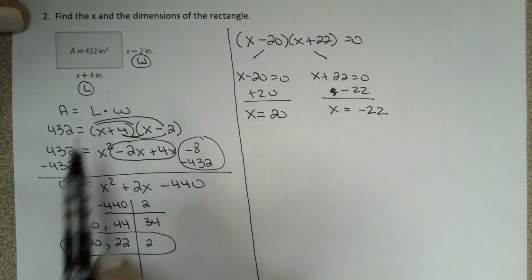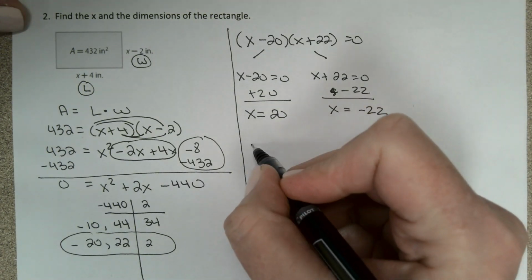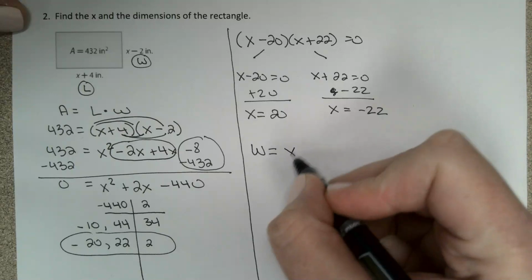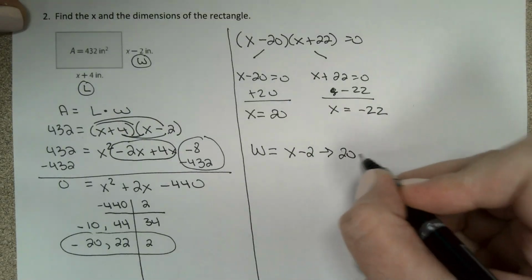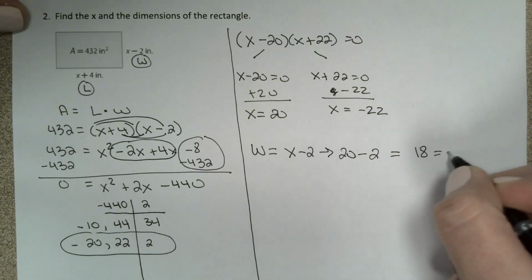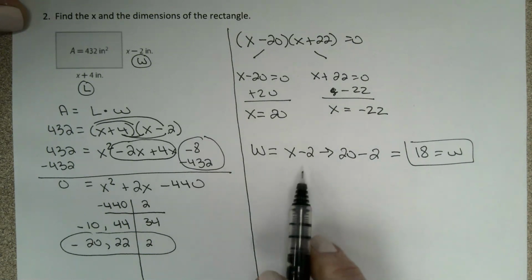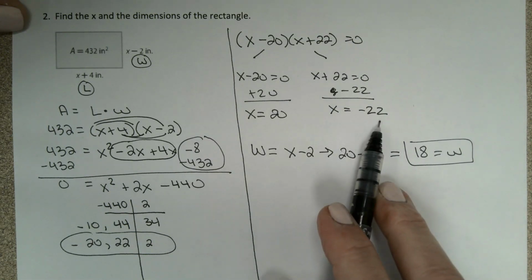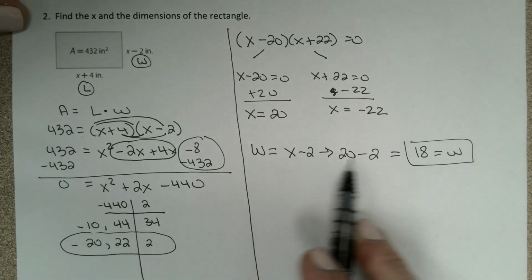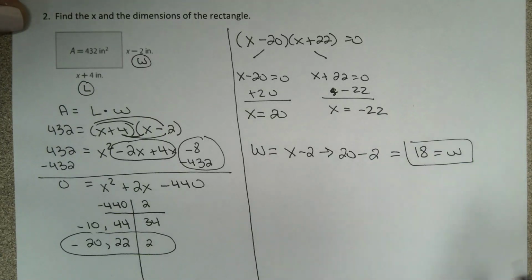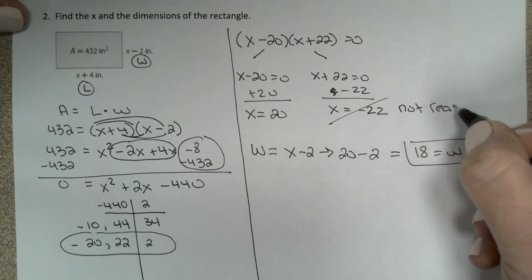So it says find x and find the dimensions. So the width is x minus 2. So if x is 20, 20 minus 2 equals 18. That would be the width. If x equals negative 22, negative 22 minus 2 is negative 24, and you can't have a negative length, so therefore this answer is not reasonable.